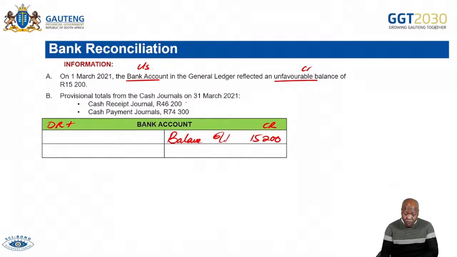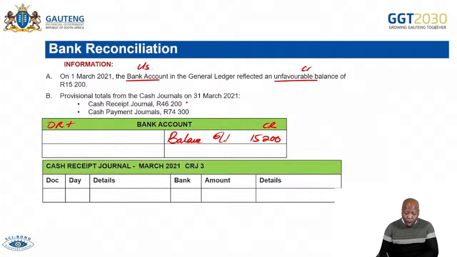Provisional totals. So we're given these totals, CIJ and CPJ. For our provisional totals, we'll come here now. And then we'll now say total. So it is on the 31st. Then I'll say the total. How much is the total? For the cash receipts journal, the total is 46,200.